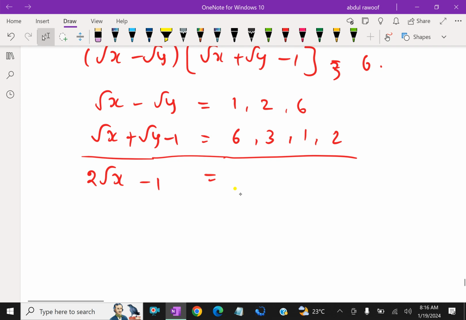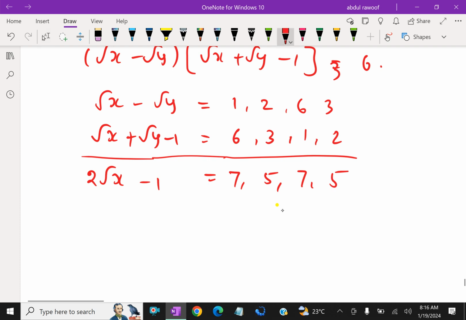The sums are 1 plus 6 is 7, and 2 plus 3 is 5, and then 7 and 5 repeat, so we only consider 7 and 5.